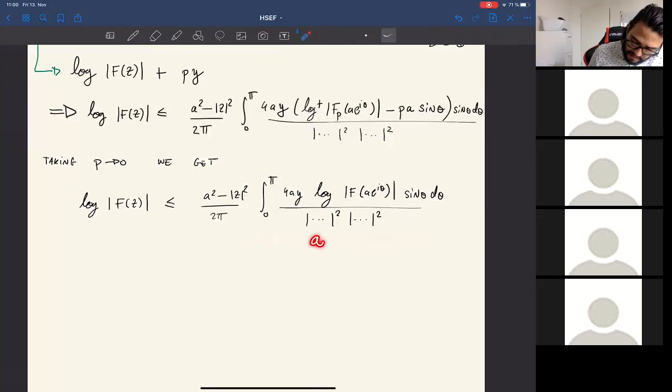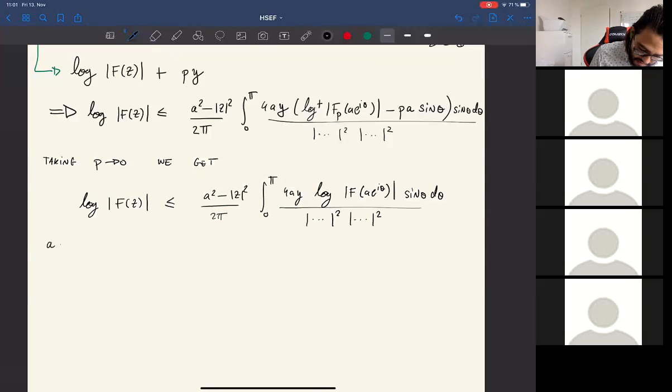There is an a here, and there's an a inside here. So in total, we have an a to the 4th on the denominator, and on the numerator, we have an a cubed. Okay, so as a result, we have just a 1 over a, and we have a y here, a 4 and a 2 pi.